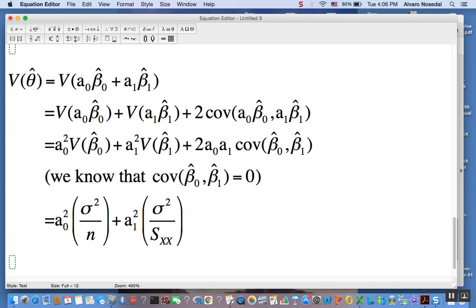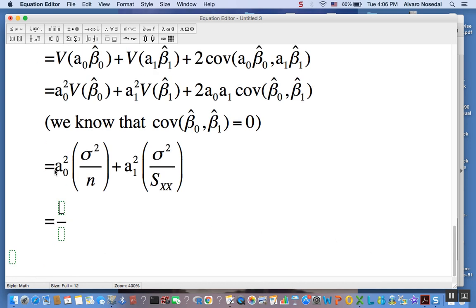As you can imagine, it would be a good idea to factor out those sigma square. That's what we're going to be doing next. Let's rewrite this expression like this.